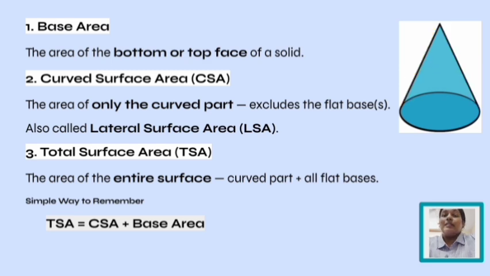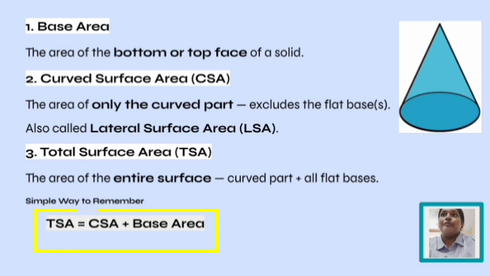It is also called the lateral surface area or LSA. Next we have the total surface area, which is TSA. This is the area of the entire surface, curved part plus the base. The simple way to remember it is that total surface area is equal to CSA, that is the curved surface area, plus base area. So you can write it down for future reference.